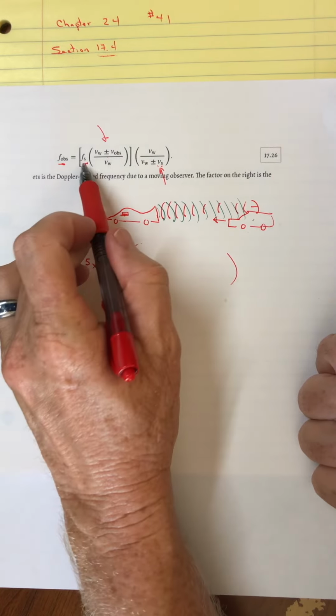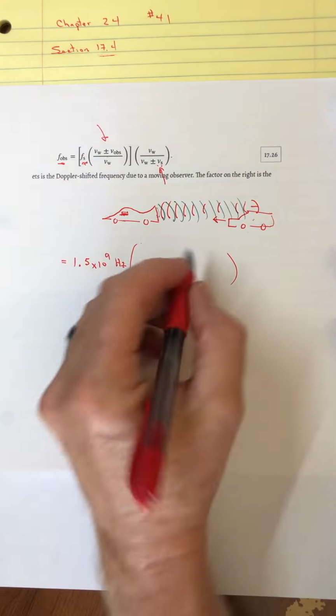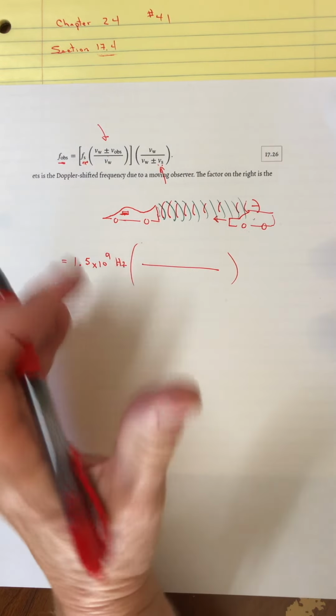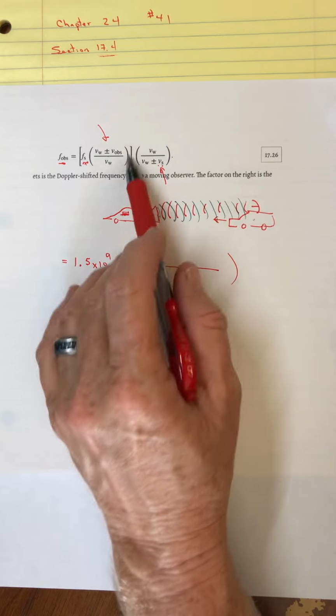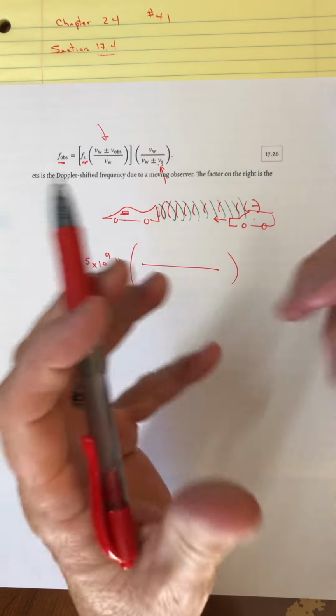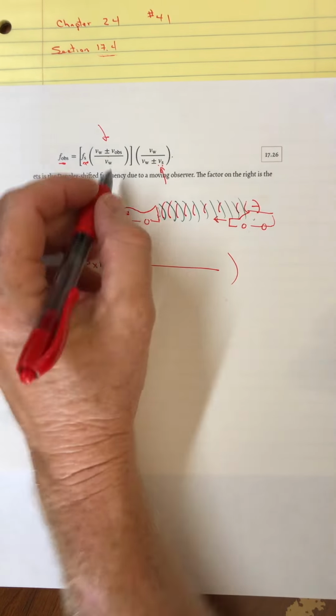So that's this first factor, what I'd call the real frequency, the frequency of the source. Okay, but you observe a little shift because you, at this point, collecting it, being the observer, are going to collect a different frequency.